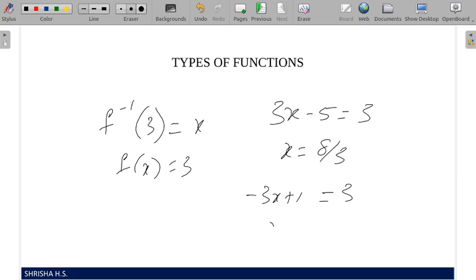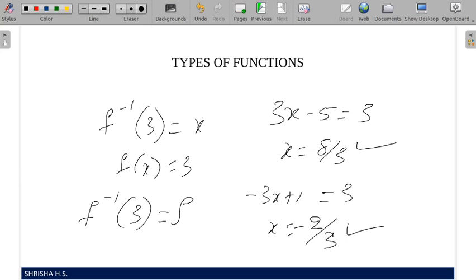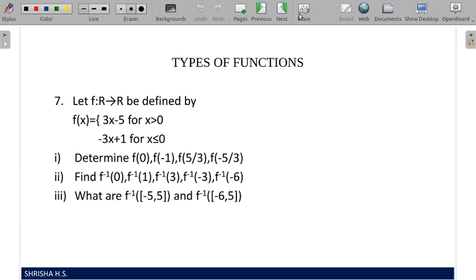Minus 3x equal to 2, so x equals minus 2 by 3. So both are okay. Here x needed to be positive, so 3x minus 5 gives a valid answer. Here x needed to be 0 or less than 0, so minus 2 by 3 is a valid answer. So f inverse of 3 equal to 8 by 3 and minus 2 by 3. Okay, so this will be the answer for f inverse of 3.